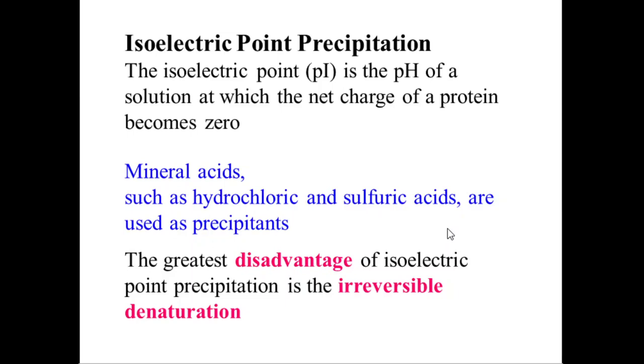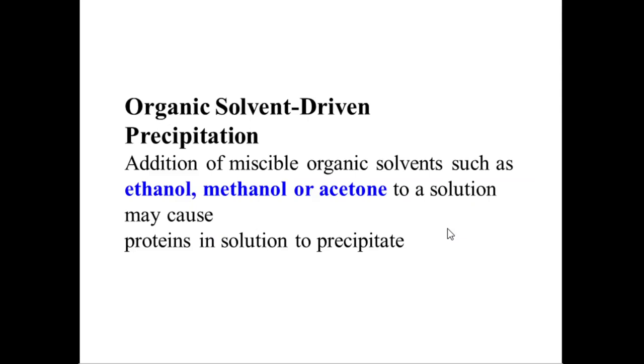We have isoelectric point precipitation, but the disadvantage is that it causes irreversible denaturation because we use acids such as hydrochloric acid and sulfuric acid. So you can use this method to precipitate the contaminant proteins rather than the target protein.